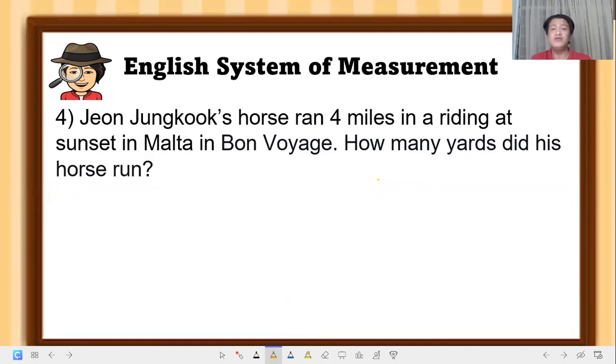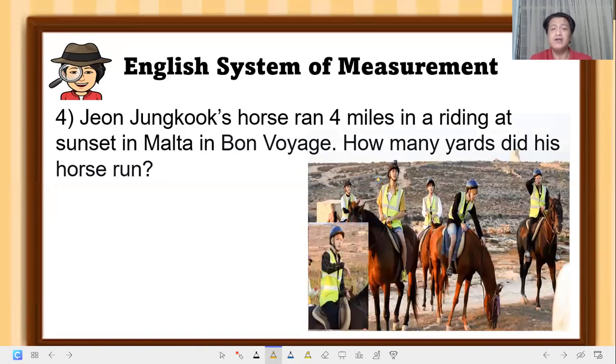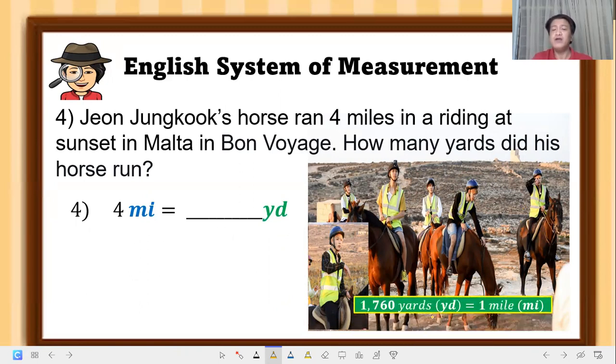And then we are going to convert these 4 miles to yards. First, we make an illustration, including the members. And then write the given: 4 miles is equal to blank yards. And then we identify the factor. We have 1,760 yards is equal to 1 mile. Then set up the dimensional analysis.